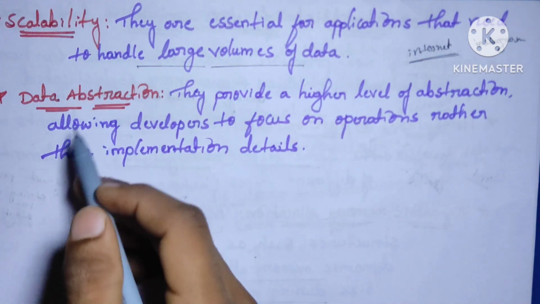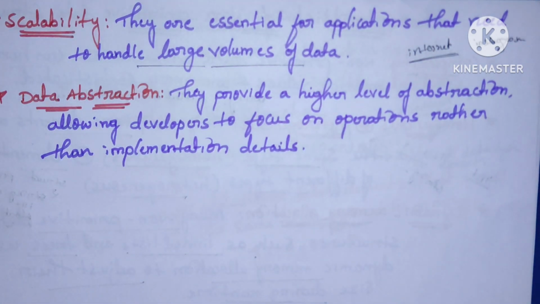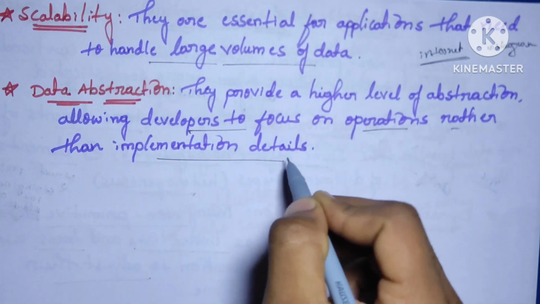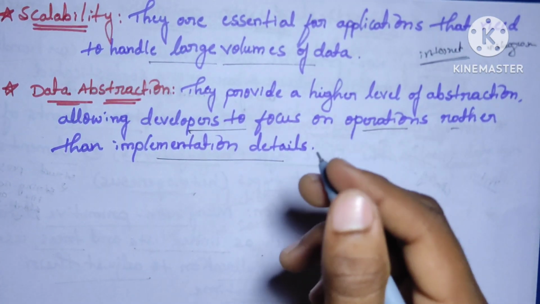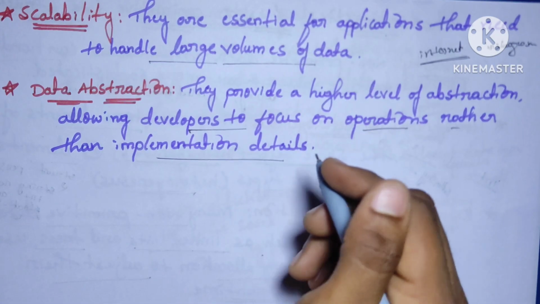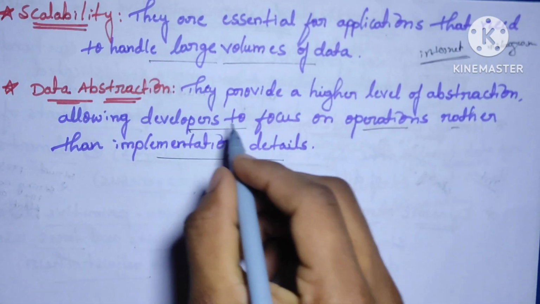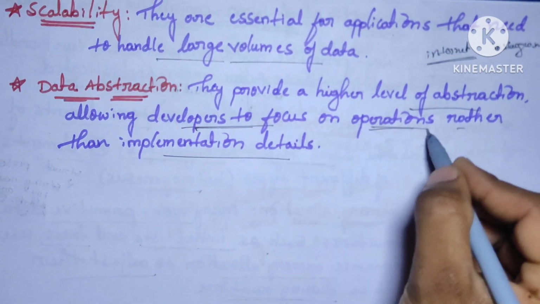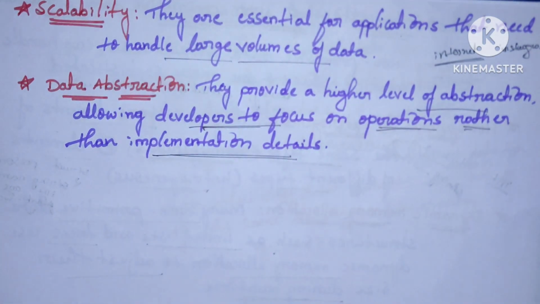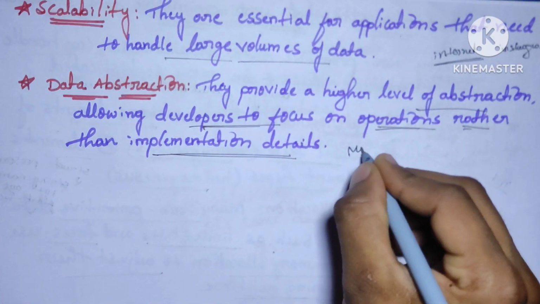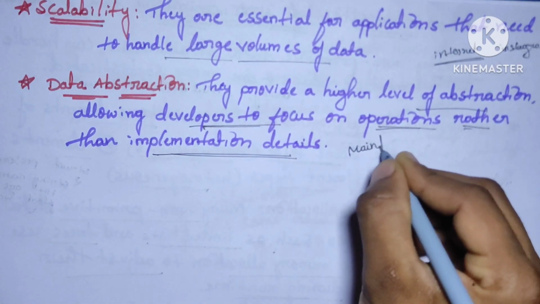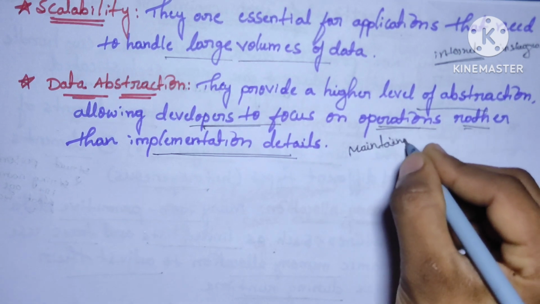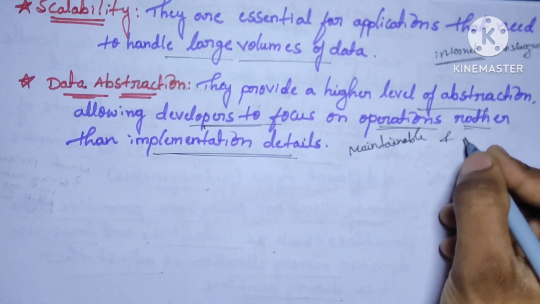Next, we have data abstraction. They provide a higher level of abstraction, allowing developers to focus on the operation rather than the implementation details. At that moment, the code can be reduced, maintainable, and manageable.